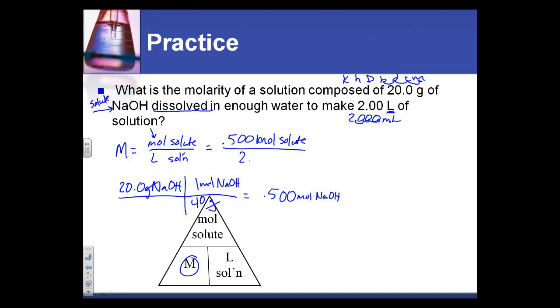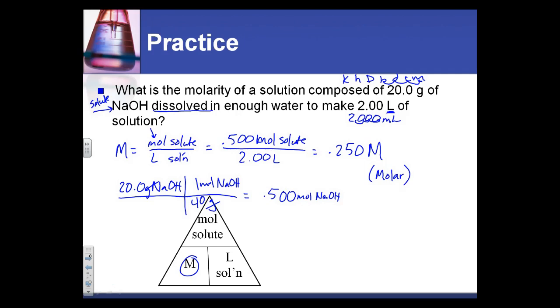All right, so 2 liters of solution. And what we end up with there is 0.250 moles per liter, which is molarity, and we would pronounce that molar. Okay, that's how you do a molarity problem.